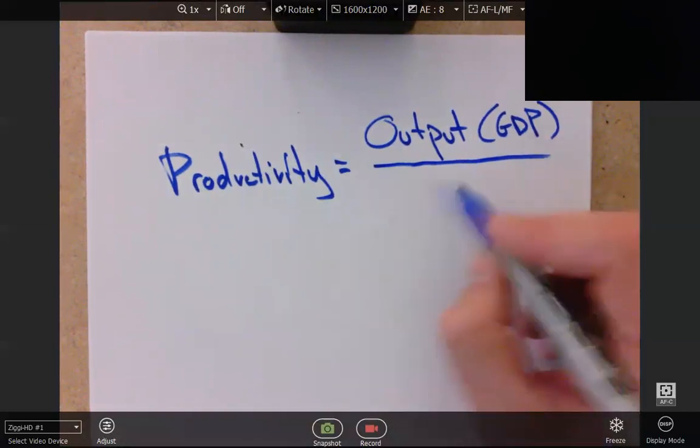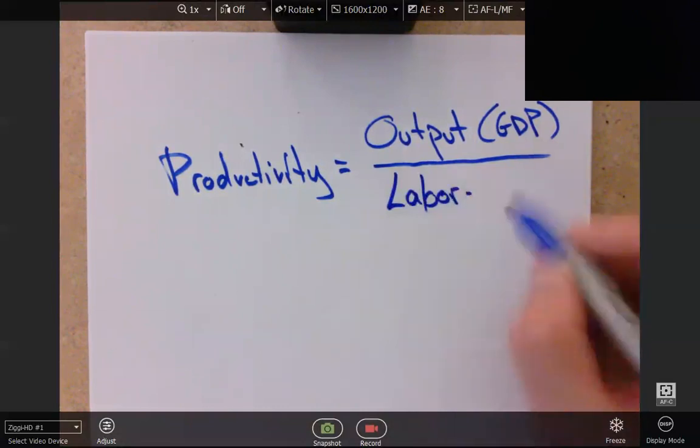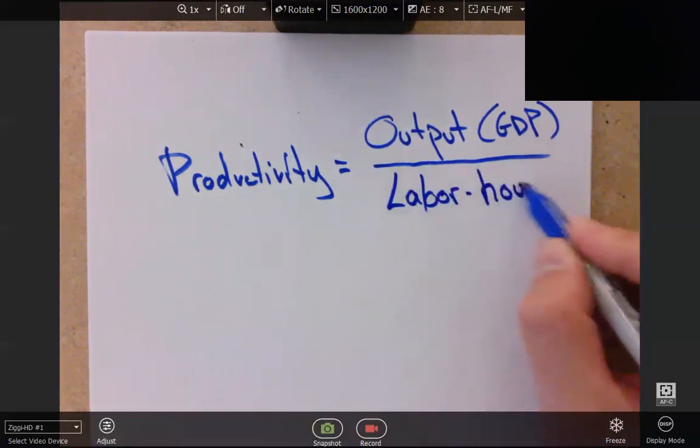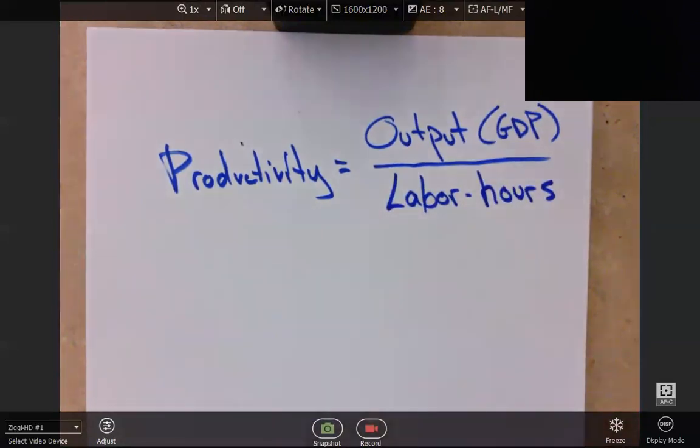So essentially it's going to be our labor, and we use this term in economics a lot, labor hours, or just laborers, right? Not all laborers work the same amount of hours. Some of us work part-time, some of us work full-time. And so that's why we use labor hours instead.